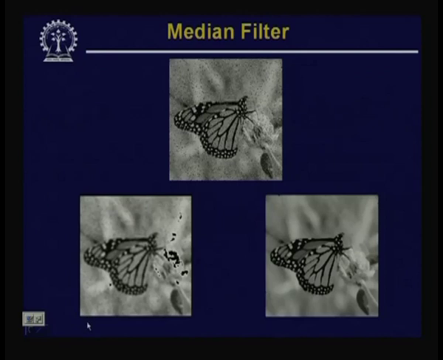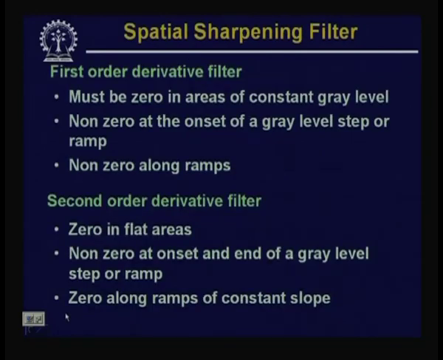Now, let us see what are the desirable effects that these derivative operations are going to give. If I use a first order derivative filter, then the response must be 0 in areas of constant gray level in the image, and the response must be non-zero at the onset of a gray level step or at the onset of a gray level ramp, and it should be non-zero along ramps.